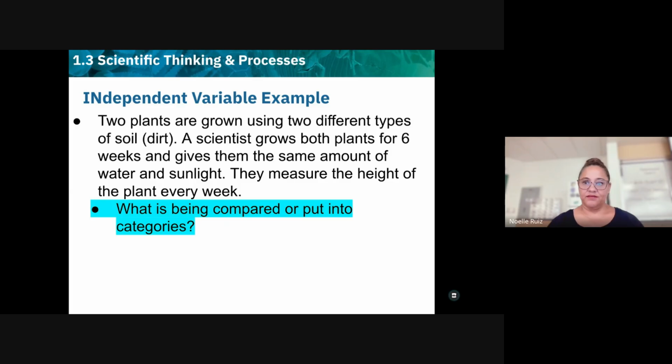Very good. Nope, we already used the height of the plant. The height of the plant is what was being measured. That was the dependent variable.